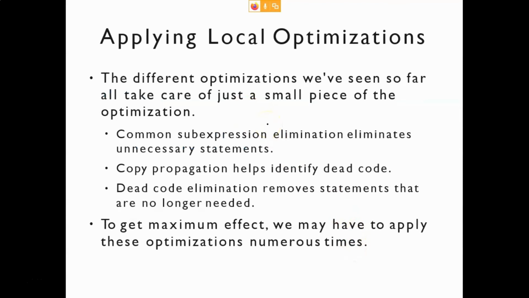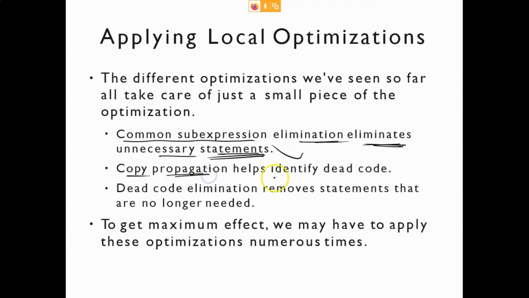Now we will take some examples, and in all these examples we will apply common subexpression elimination, copy propagation, and dead code elimination. Common subexpression elimination basically eliminates unnecessary statements and recalculations.